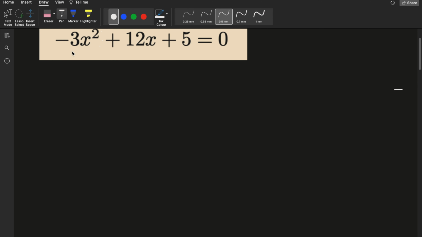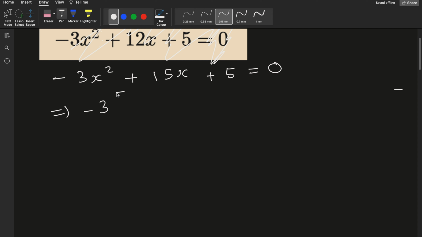I'll just write this as minus 3x squared plus 15x plus 5 equals 0, which implies that minus 3 into x squared minus 5x minus 5 divided by 3 equals 0. We can cancel the minus 3 out, because if we divide this side by minus 3, it will still remain 0.